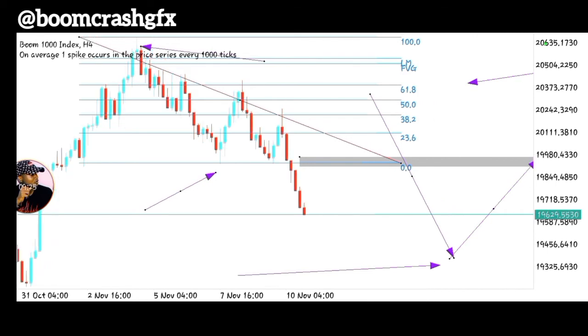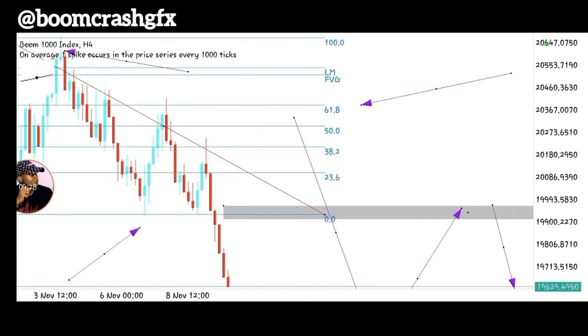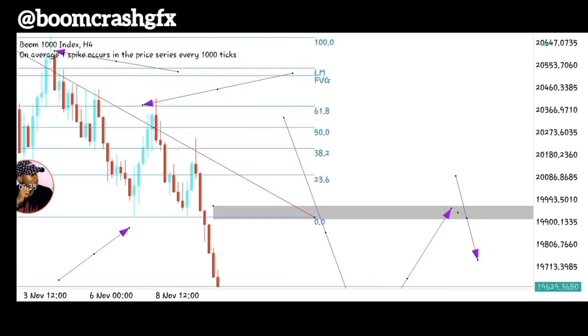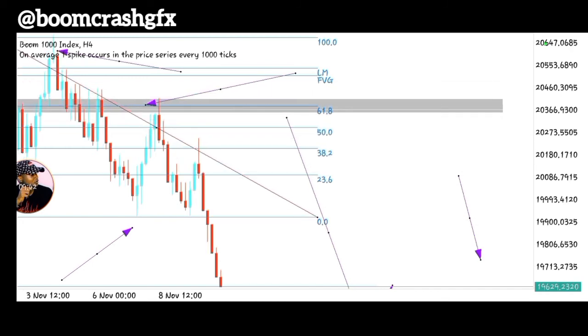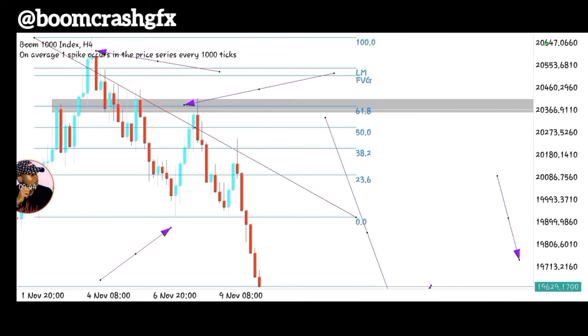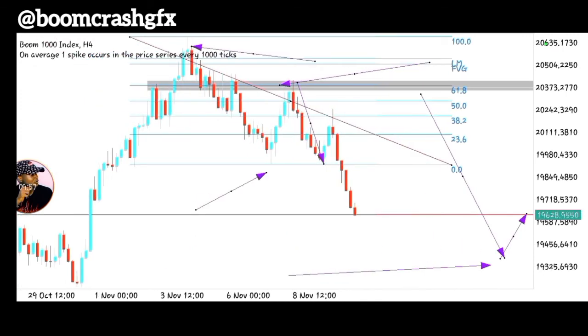You can see that the market actually reacts to the 61.8 level here. And what do you see the market is doing right now? The market is actually falling big time. You can see the market is falling from this very zone, the 61.8 level, and the market is actually still falling. This is Boom 1000. So let's take another example of an uptrend movement.